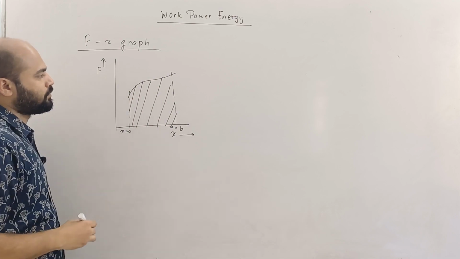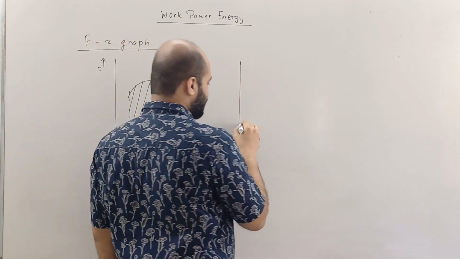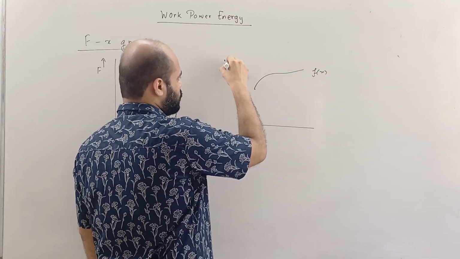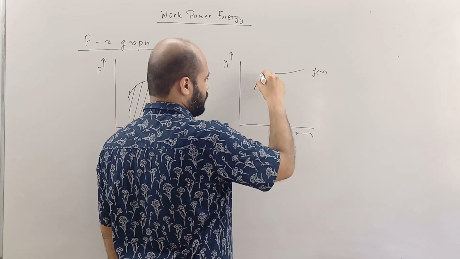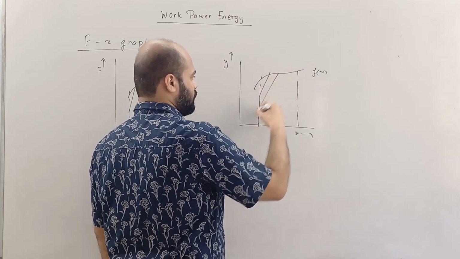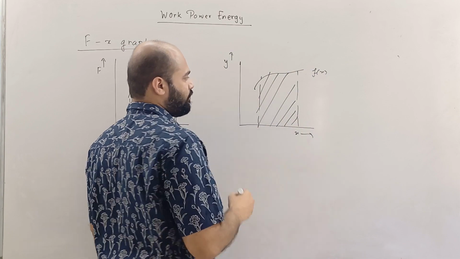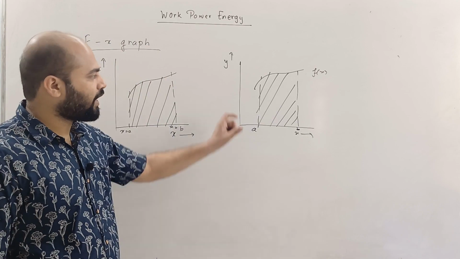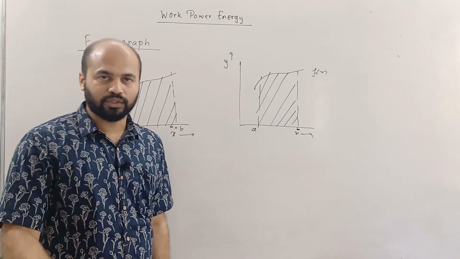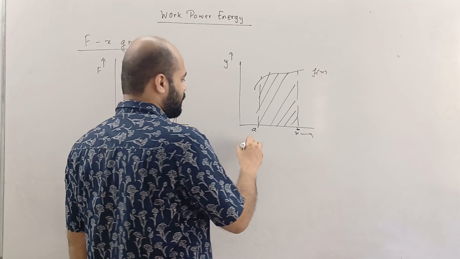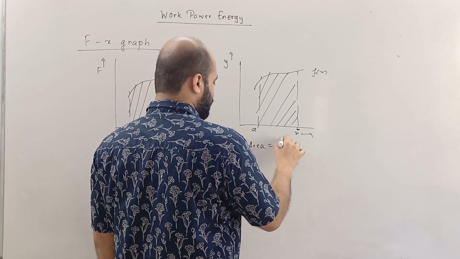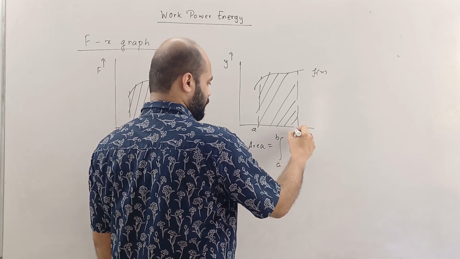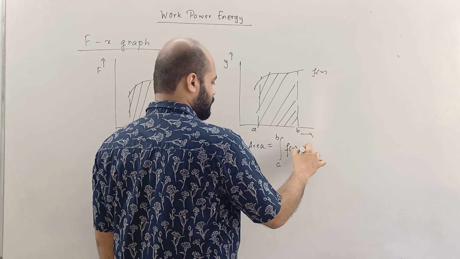In general, you always remember this concept that if there is a function f of x, where this is y and this is x, and I have to find the area of this function, because this is not a regular function, it is given as the integral from a to b, because a and b are the limits, of f of x dx.